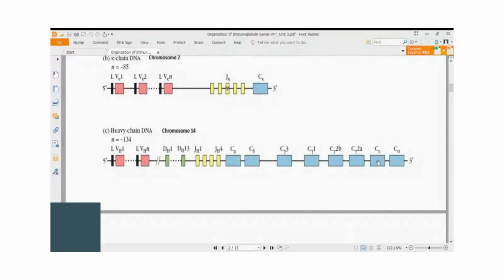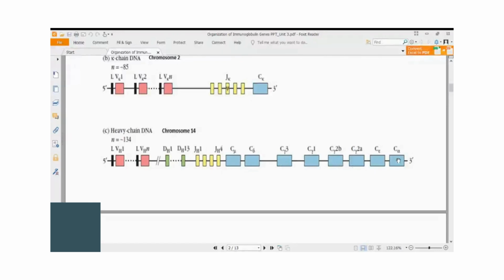Then comes the C epsilon, and the last region at the 3' end is C alpha, that is IgA. So IgM first, IgD second, third is Ig gamma, that is IgG, fourth is Ig epsilon, and the fifth is IgA or alpha.